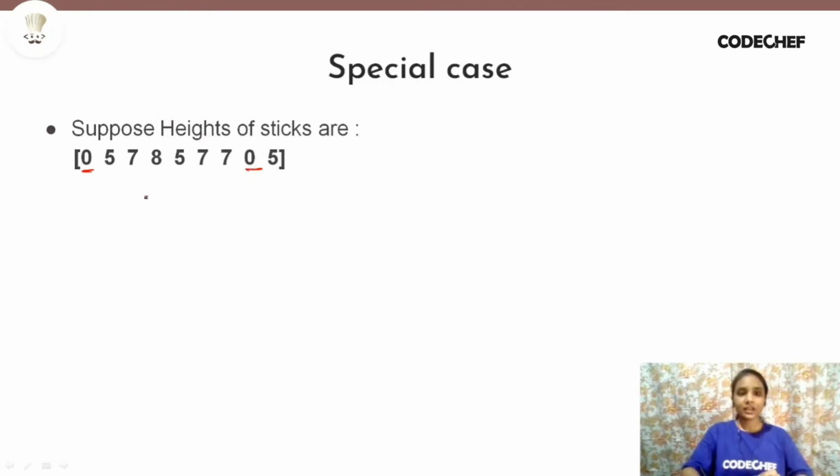Even if in the unique set 0 will be included, because 0 is a unique height. So 0, 5, 7 and 8. This will be our set which contains the unique height sticks. But we will not include 0 in the number of operations, because we don't need to perform any operation for this stick. So again our answer will be 3 in this case.